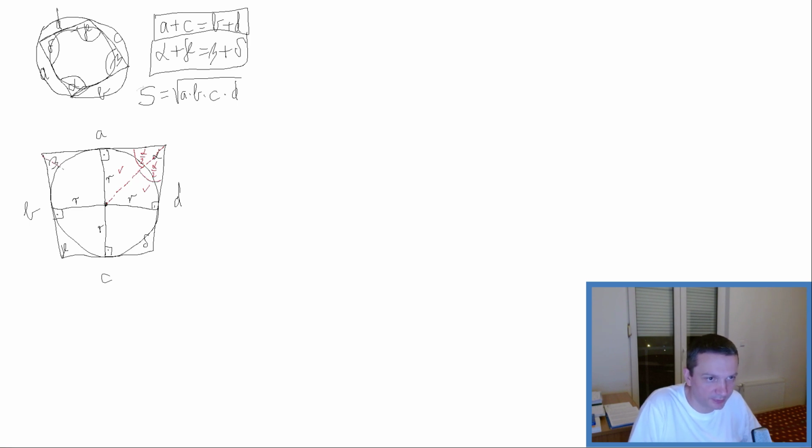Similarly here, we have beta over 2 and beta over 2. Here, gamma over 2 and gamma over 2. And here, delta over 2 and delta over 2.